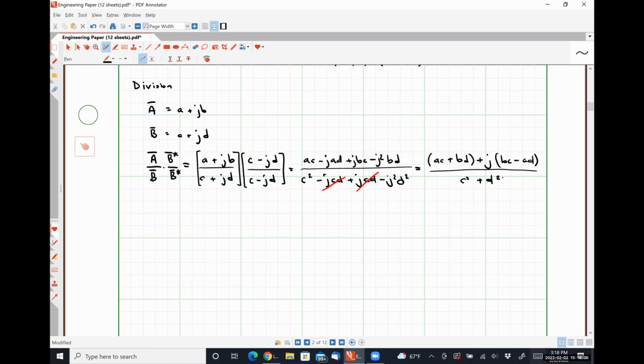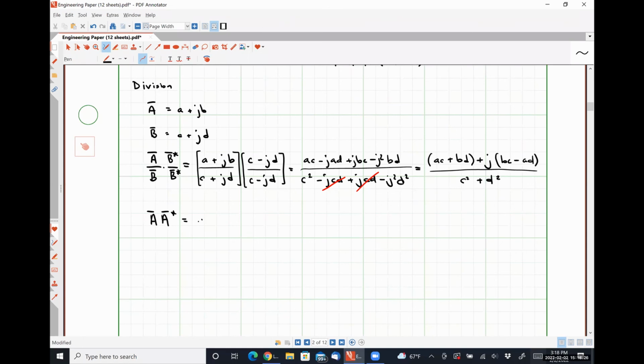So if I have a complex number, let's just say A, and I multiply that complex number by its conjugate, what happens? Well, we can see that it's simply the real part squared plus the imaginary part squared, right?